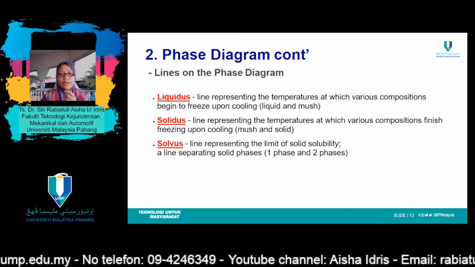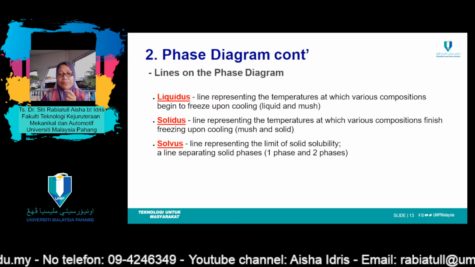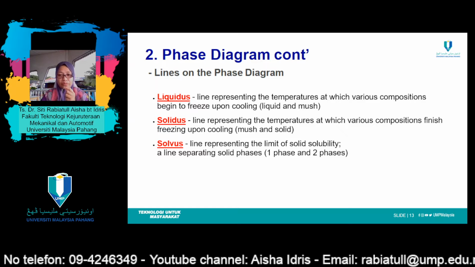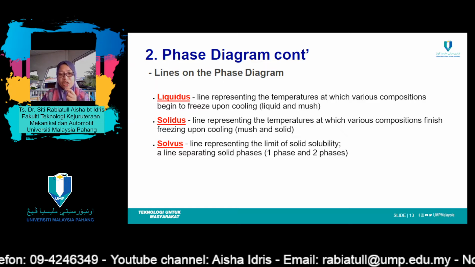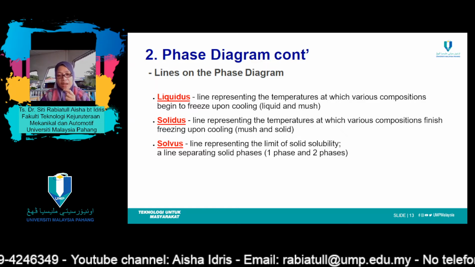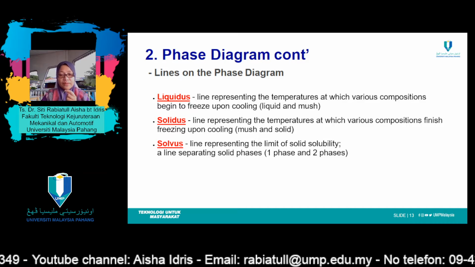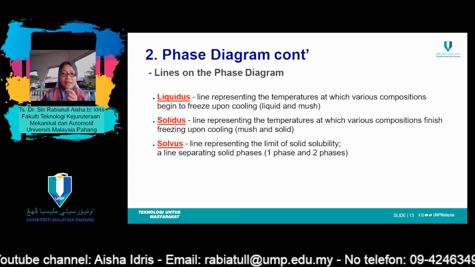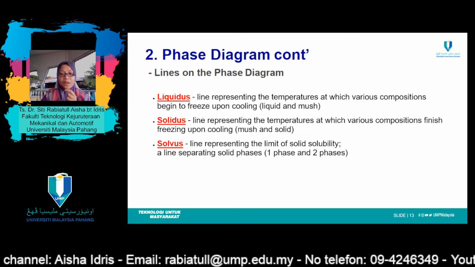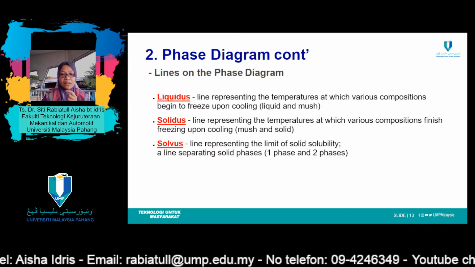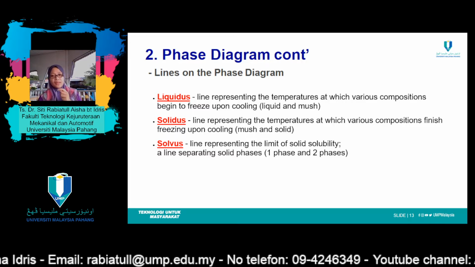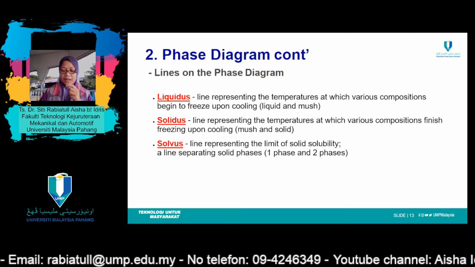Meanwhile, solidus is a line representing the temperatures at which various compositions finish freezing upon cooling. And number three is solvus. It's the line representing the limit of solubility, or a line separating solid phases. We will see these lines in the next slide.